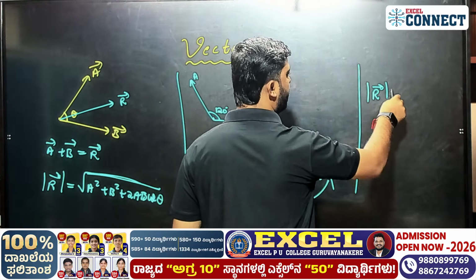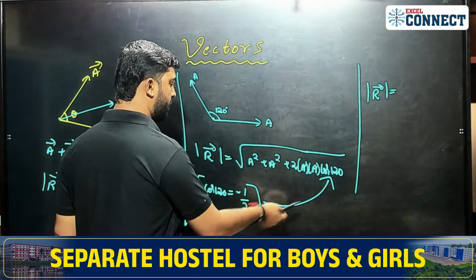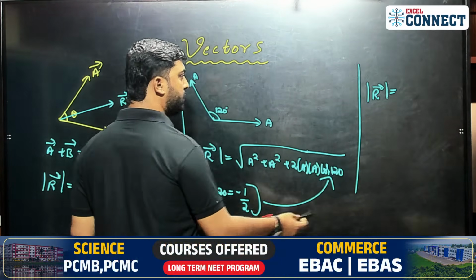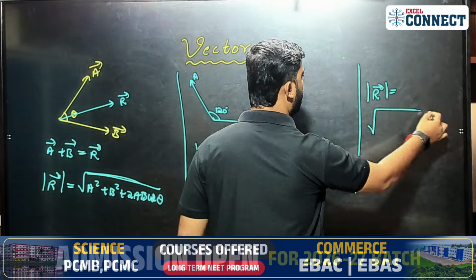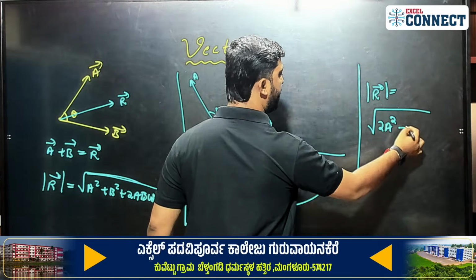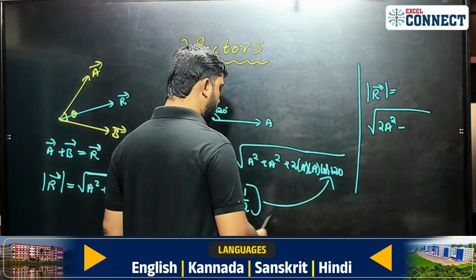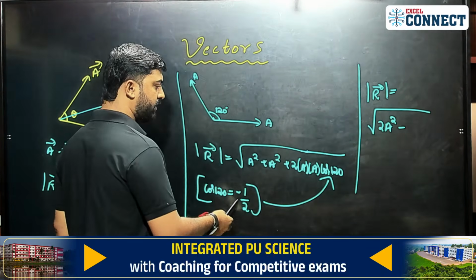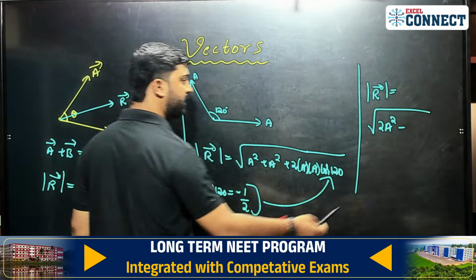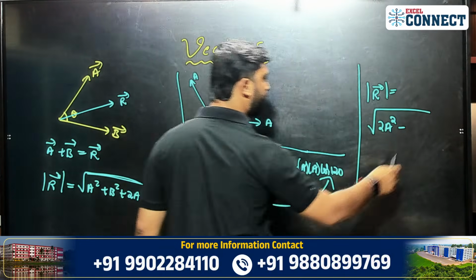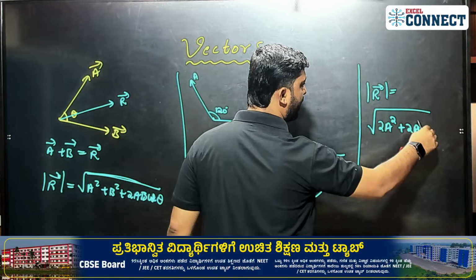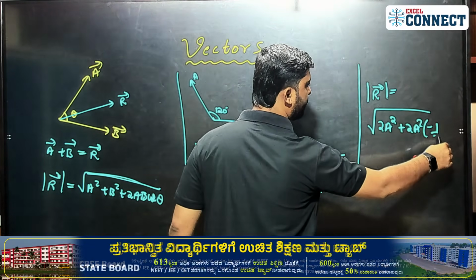Magnitude of the vector will be, so here cos 120 will be minus half, so the answer will be root of a square plus a square is 2a square, minus, because cos 120 is minus half, plus into minus it will be minus, so 2 into half, so 2 into a square minus half.